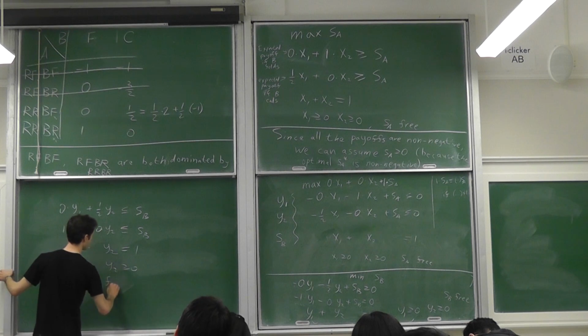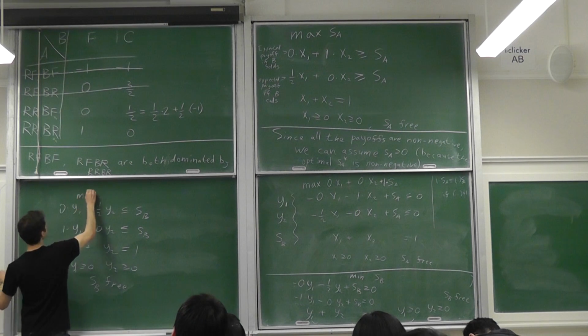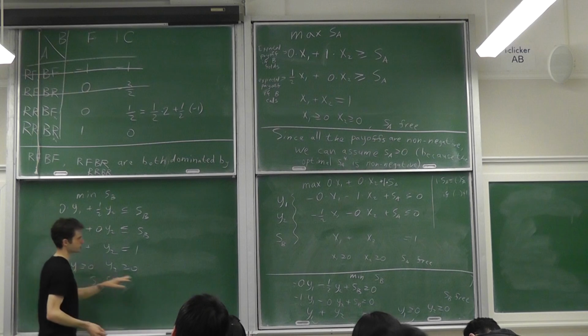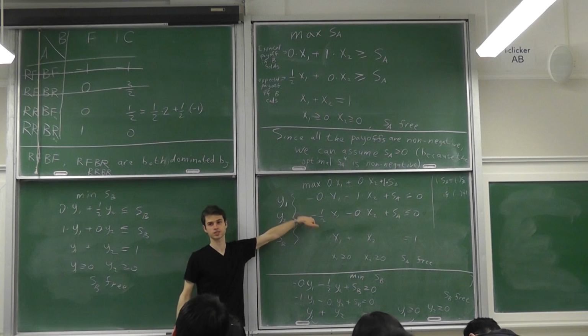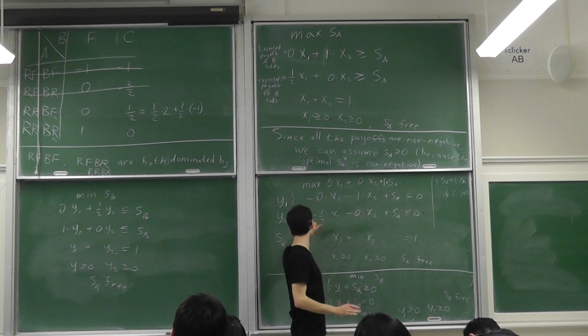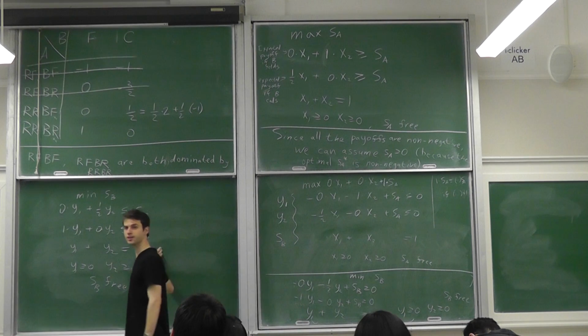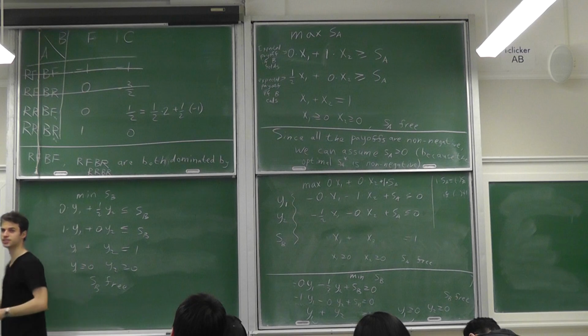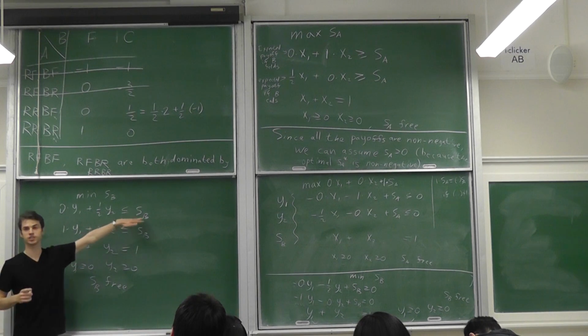Minimize s3. So we took this dual problem, rewrote it slightly, and now we see that it is exactly the problem about deciding on the security level for Bob.